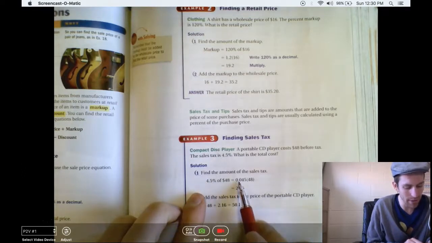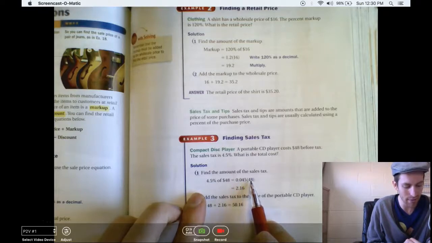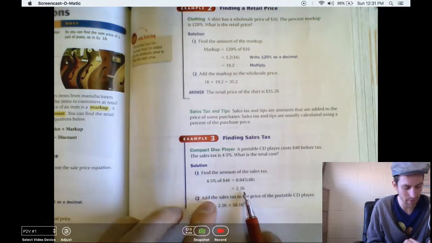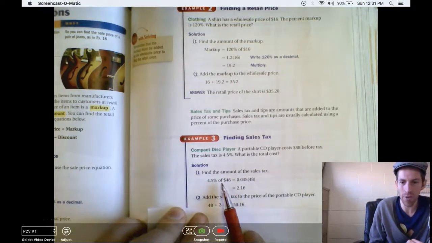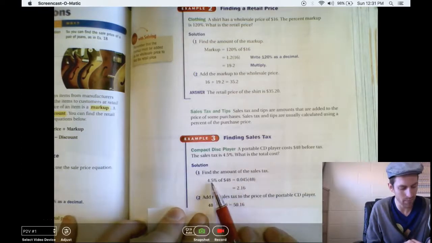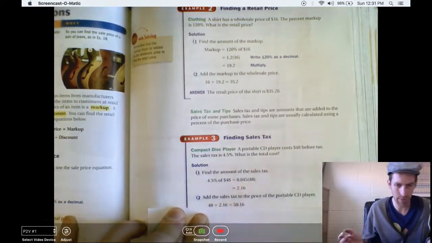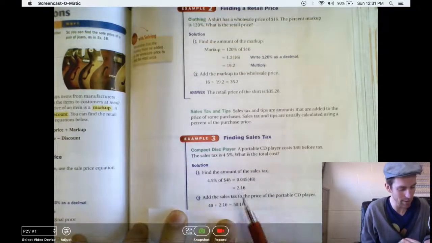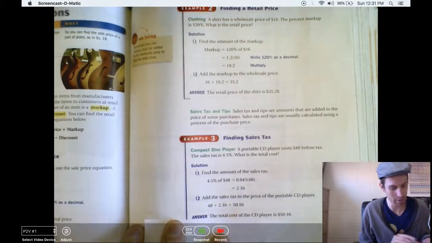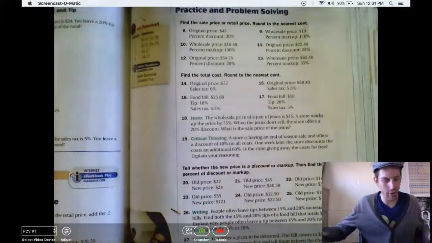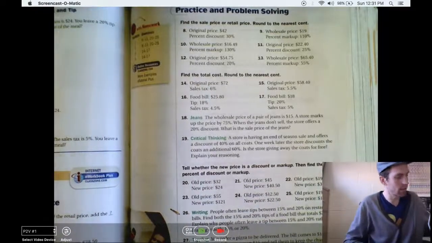So you're going to do 0.045 times 48 to find what 4.5% of 48 is, right? Always remember, the word of in math always means times. 4.5% of 48. So 216 is going to be the sales tax. Add that to the retail price, and that's going to be the total you'll pay at the register. Alrighty, righty. Let's flip it over and look at this last one.